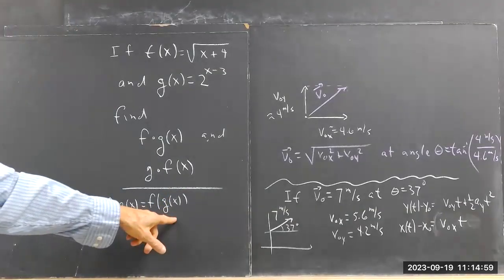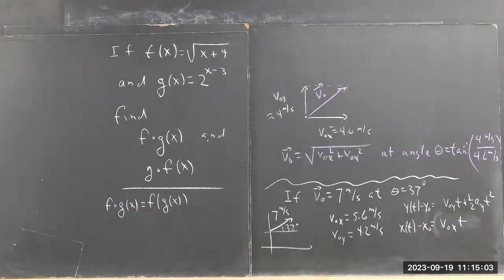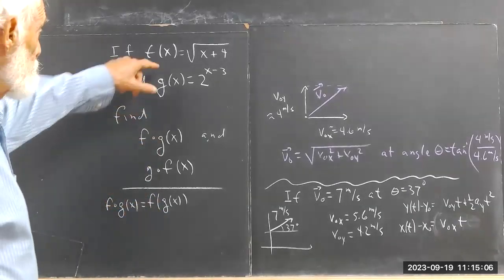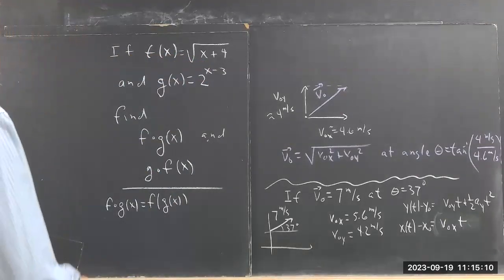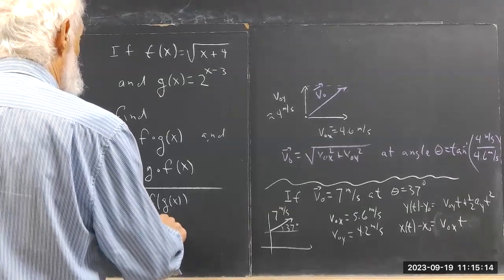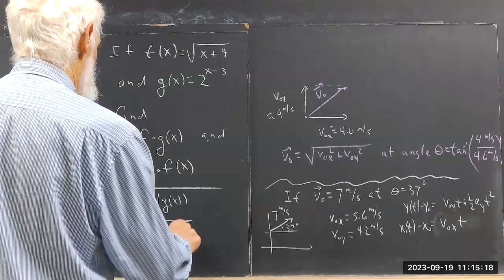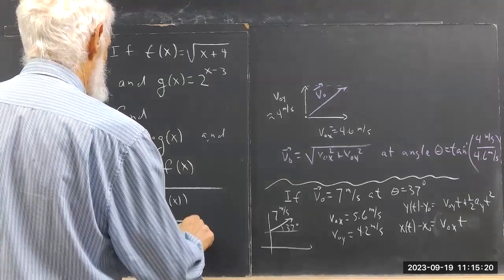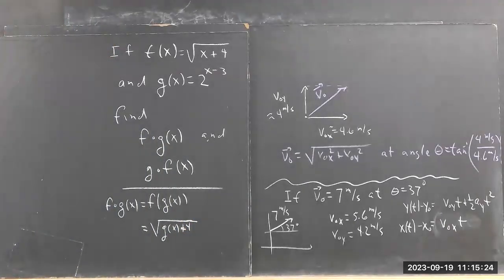And it's a little easier to see the substitution if you do this. Now, f of x is the square root of x plus 4, right? So f of g of x is the square root of g of x plus 4.